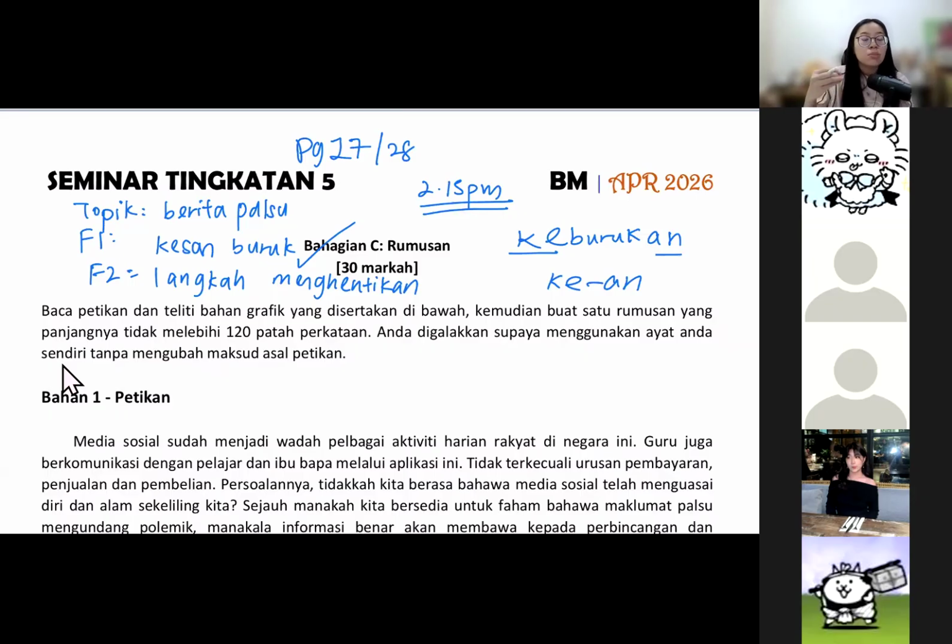For example, menkan. Normally the imbuhan will be using menkan. This one is for kata kerja. If it's a kata nama, it's using an. Don't forget, this one is very important. If you write wrong, then it's kesalahan ejaan already.